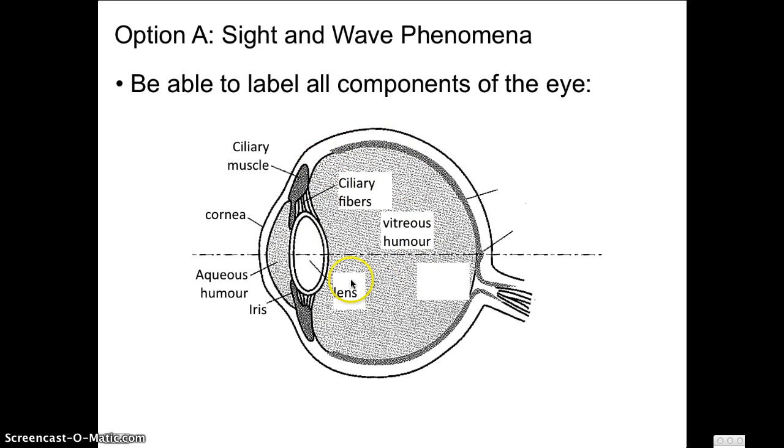And this big chamber here in the back is called the vitreous humor, and it extends all the way to this back surface, which is the retina. And the retina is really, really important. The retina is where all of the magic of the eye occurs.